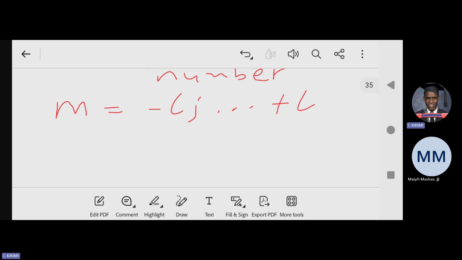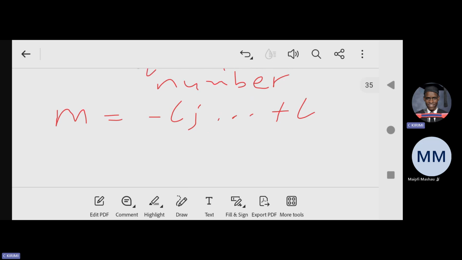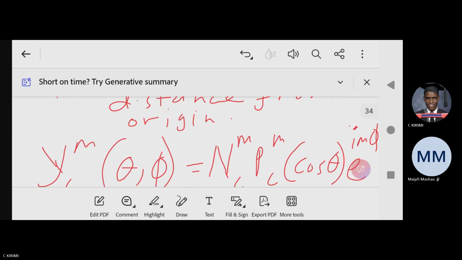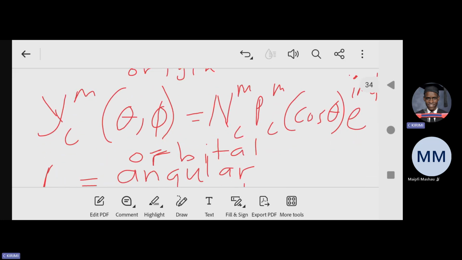And then the Legendre polynomial, where you see PL. PL is the Legendre polynomial. So whenever you see this P, we are referring to the Legendre polynomial.